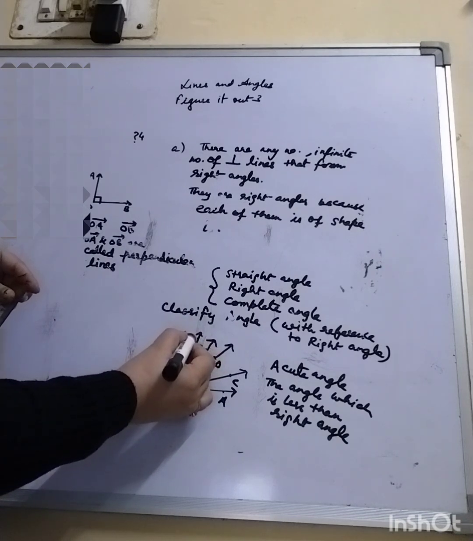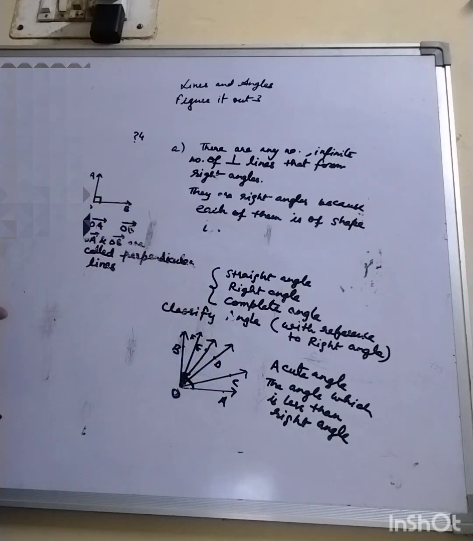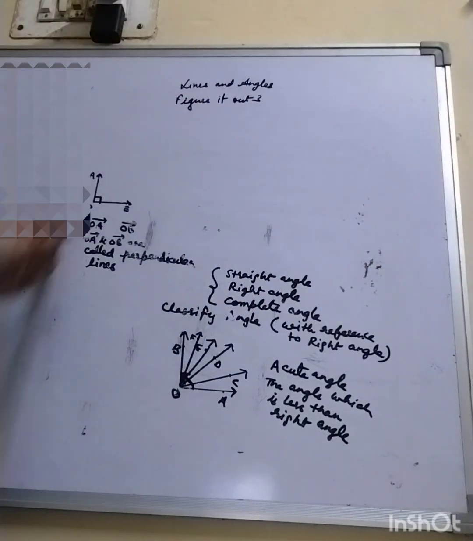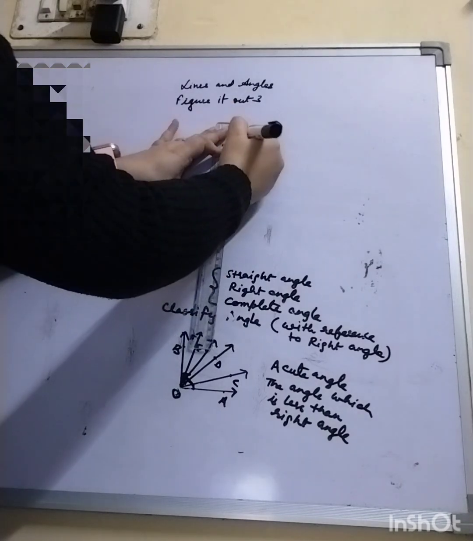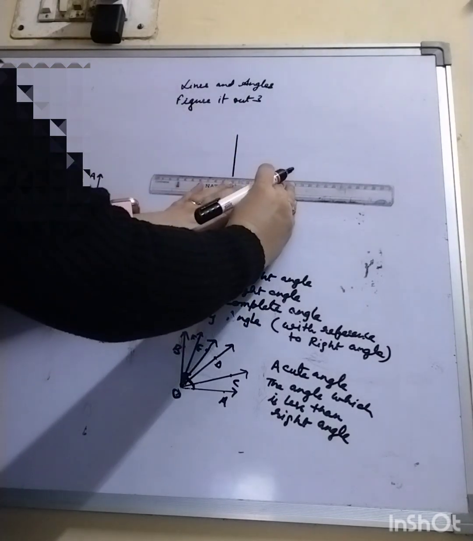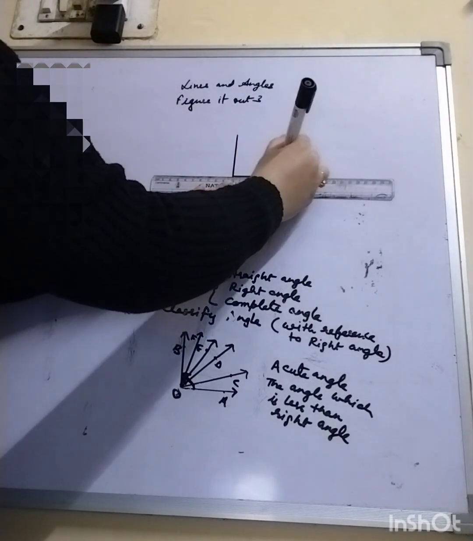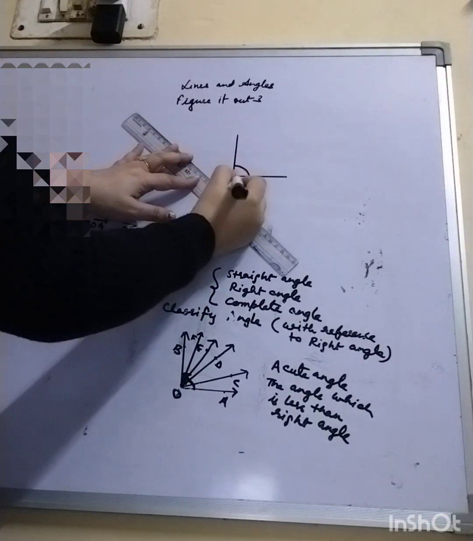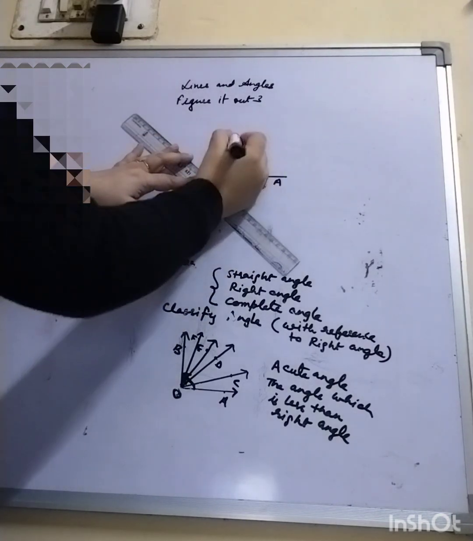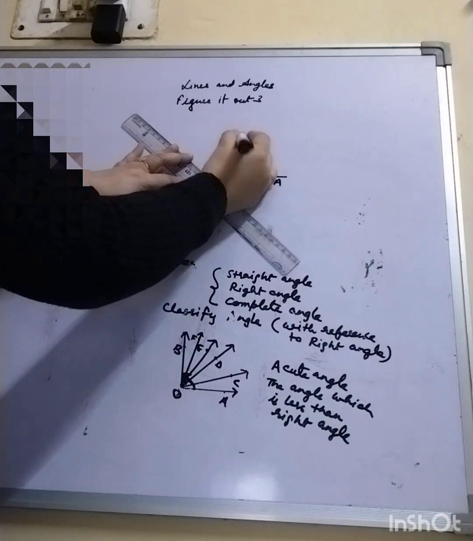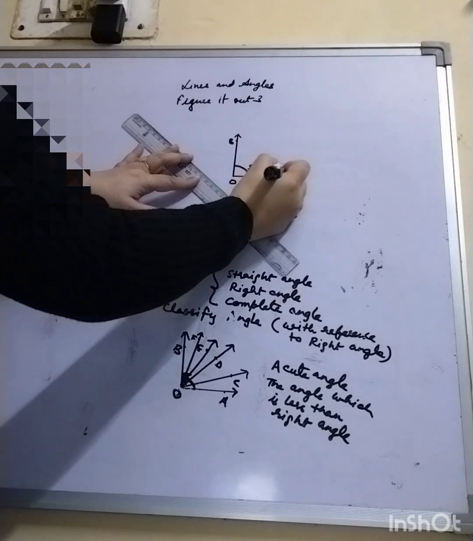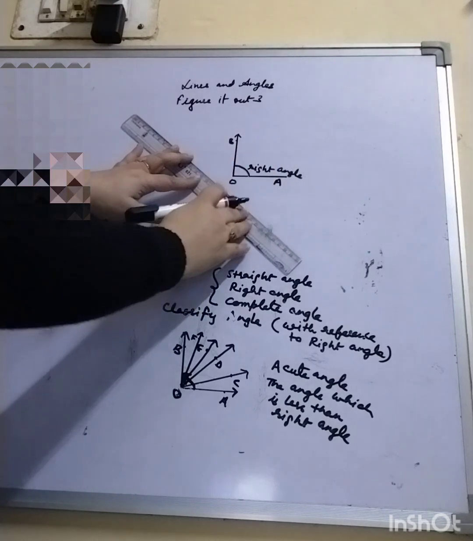Now let's move further. I again make a right angle here. Now the turning is from OA to OB. This is a right angle. Okay.